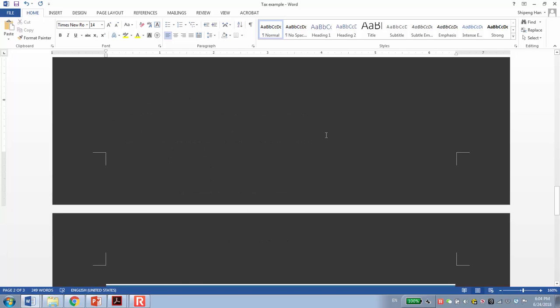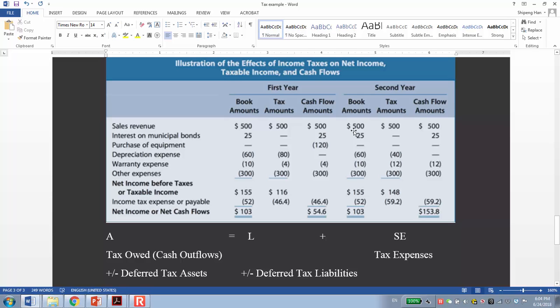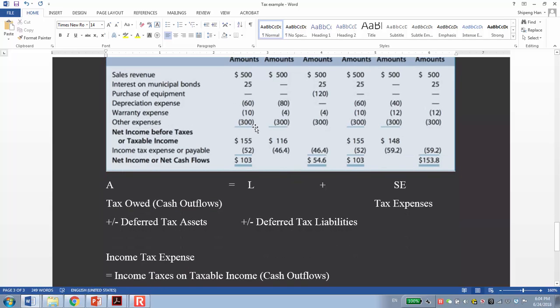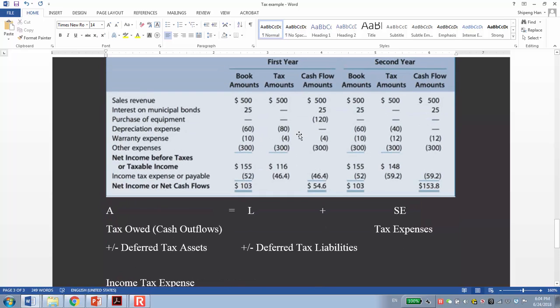Let me use the prior example. Right now we do not consider the permanent difference, the $25 interest on municipal bonds. We just focus on the temporary differences in depreciation and warranty. In the first year, the financial statements report $60 depreciation expense, and the tax reports report an $80 deduction.